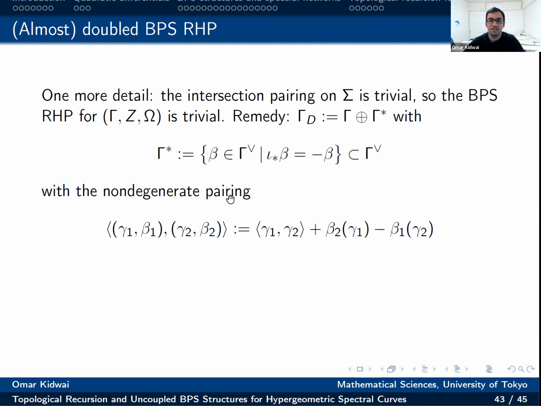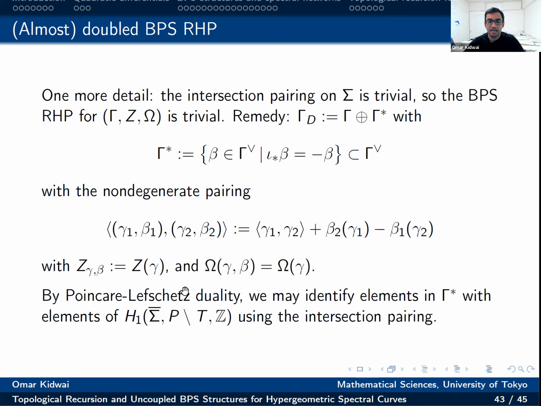And this thing is actually non-degenerate. And so now I have a non-trivial BPS Riemann-Hilbert problem. Z and omega are just defined the same as before. I forget about the second factor. And so I can actually identify elements in this dual lattice with elements in the relative homology, so paths going from pole to pole on the spectral curve cover.